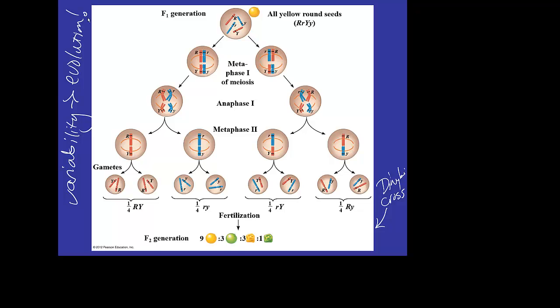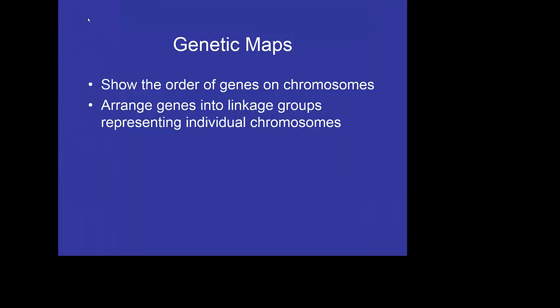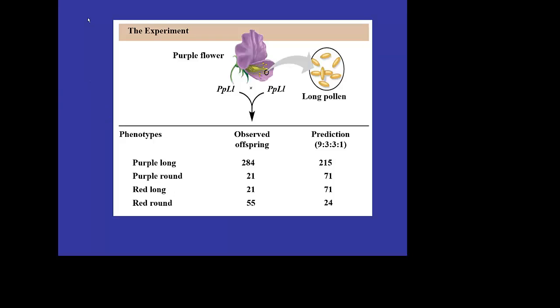But what we want to know is, how can we keep track of all this? Well, scientists have developed things known as genetic maps. So just like you have a map of a town or a state, we can actually map your chromosomes and understand how they work together and how they actually link information together. So they started thinking about, of course, plants. I know many of you are tired of talking about plants, but what we think about in this process is, I'm not so much interested in the phenotype anymore.